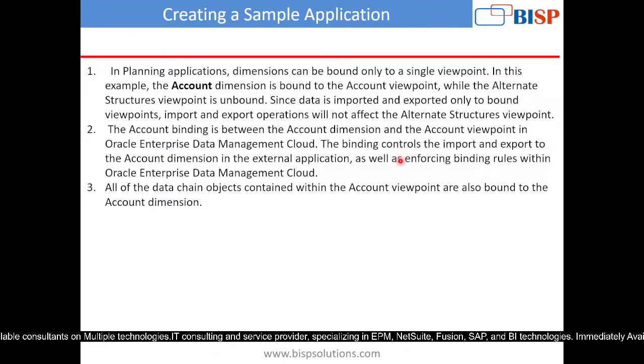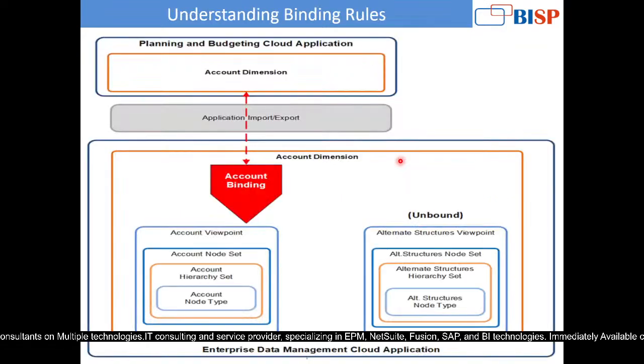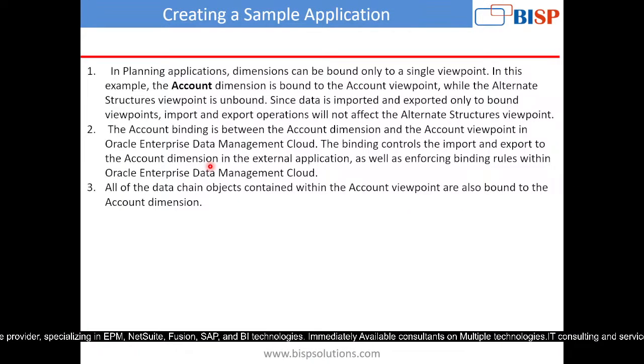So basically they are trying to say that we have two types of viewpoints: one is the account viewpoint, and the other is the alternative structure viewpoint. With the bound one, we can do the import and export, but with the unbound we cannot do the import and export. But whatever changes are made in this structure, it will not harm the external application.